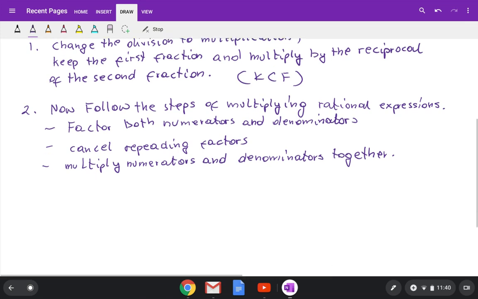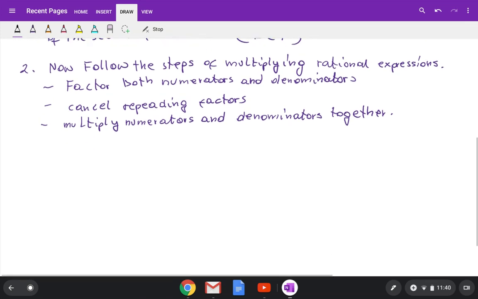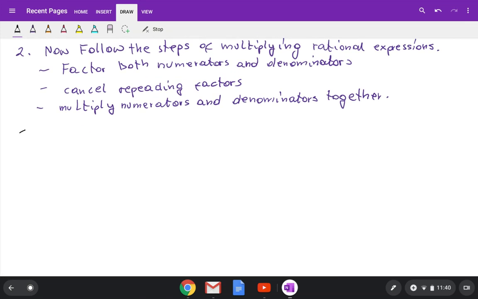Okay, so let's solve the examples. This is example 2, dividing rational expressions.